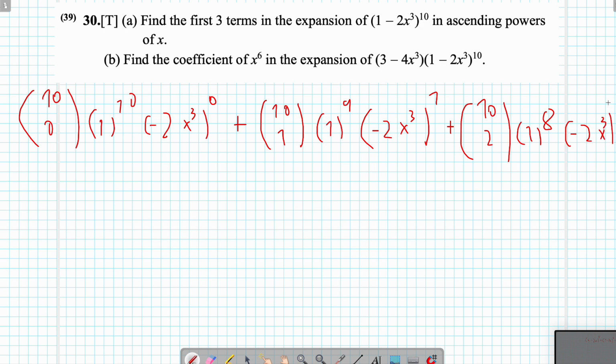all of that squared. So 10C0 times 1 to the 10 times (-2x cubed) to the power of 0 is 1.